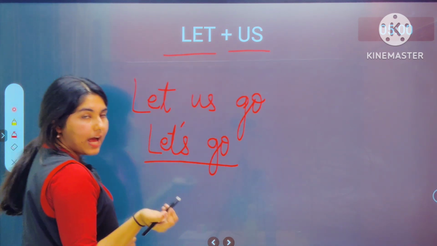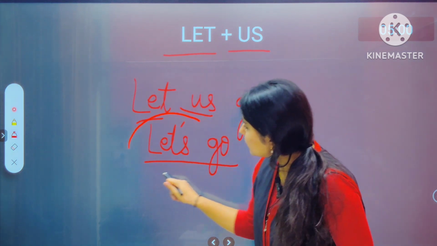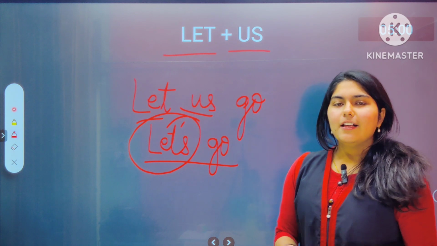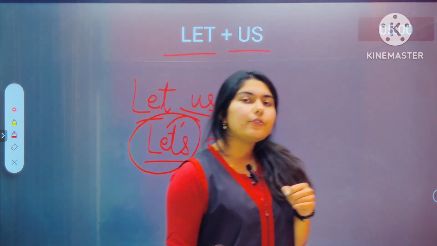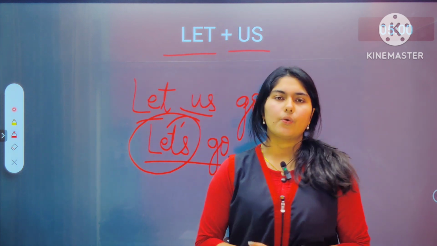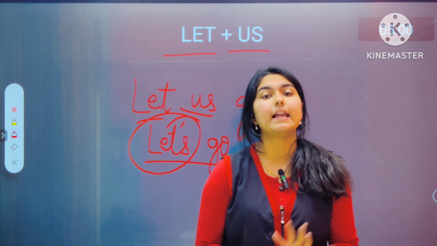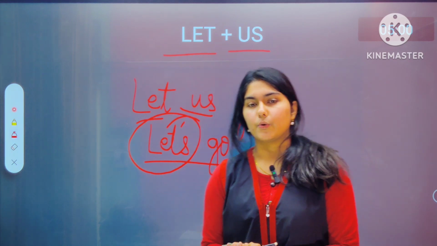So here the contraction which we got out of let plus us is let's. Let's go. Right? It sounds fluent, and naturally a flow gets added to your sentence. Instead of saying let us go, you can say let's go. Repeat after me. Let's go.